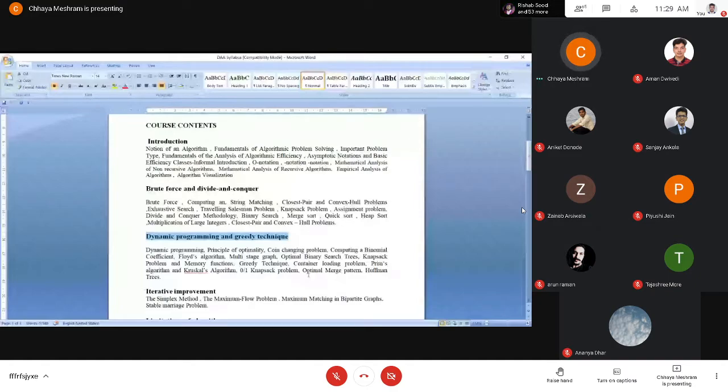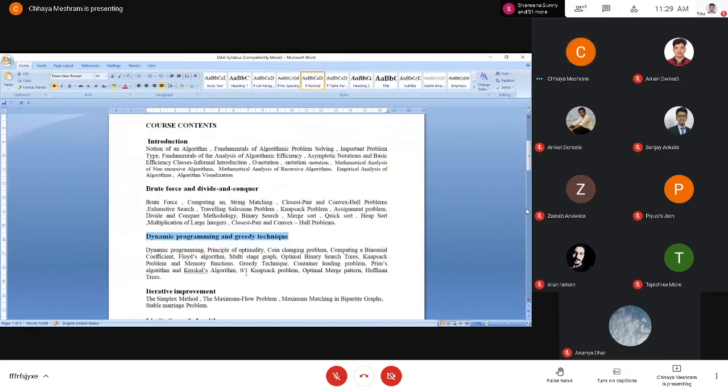Under this greedy technique, we have to study Prim's algorithm and Kruskal's algorithm. If you are aware of data structures, you already know what Prim's and Kruskal's are. They are used for creating a spanning tree, to find the minimum cost spanning tree.